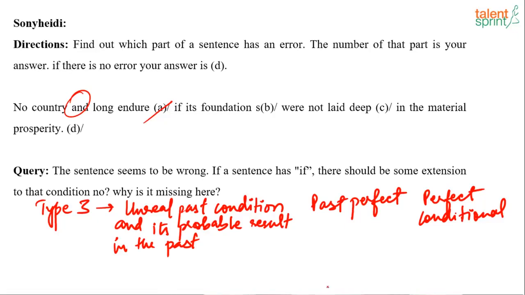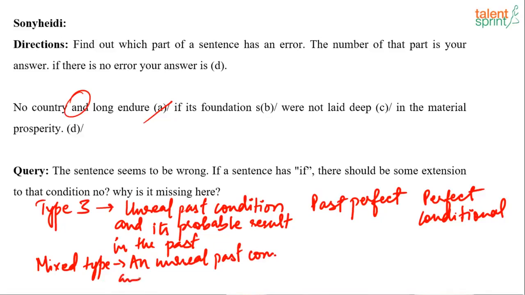Perfect conditional. And finally we have the mixed type. It talks about an unreal past condition and its probable result in the present.